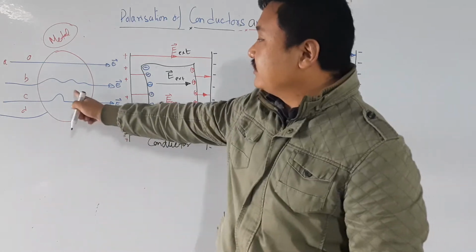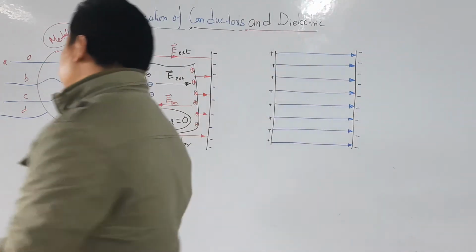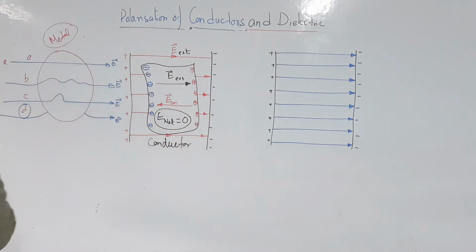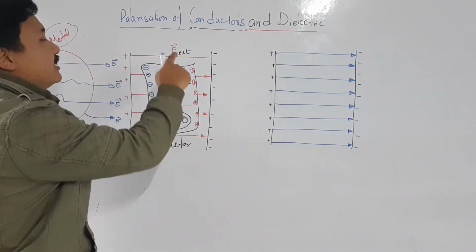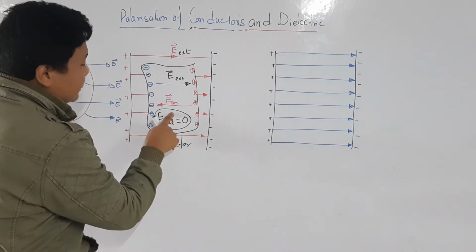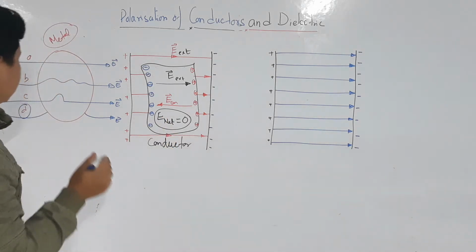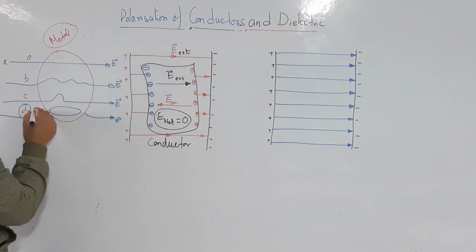It means this is the metal which is a conductor, and the correct answer is D. Why D? Because whenever you put a metal or a conductor in an external electric field, inside there will be no electric field. The correct answer is D.